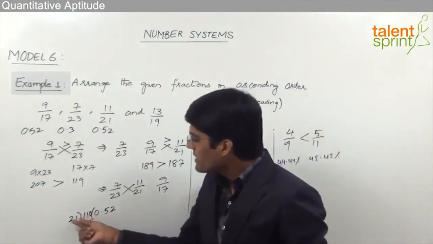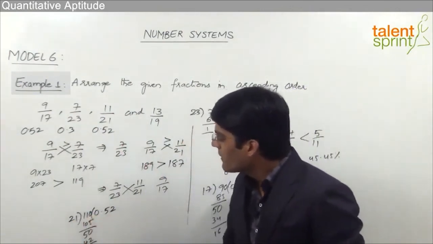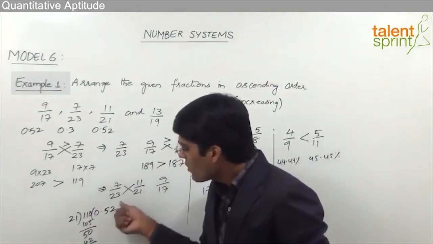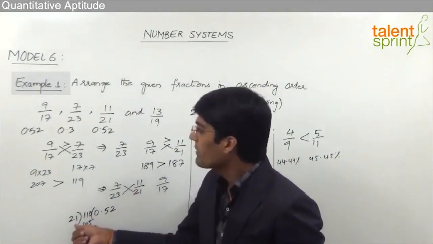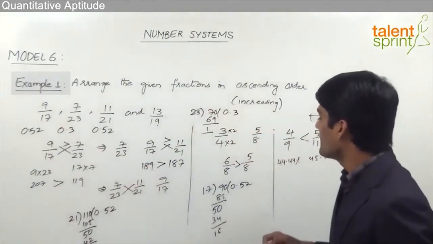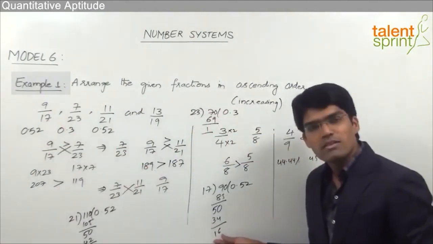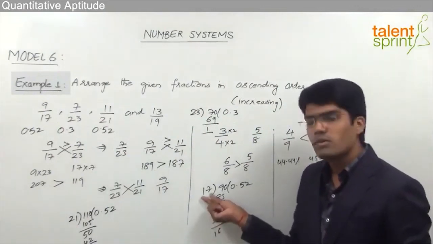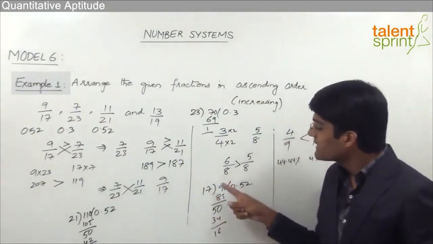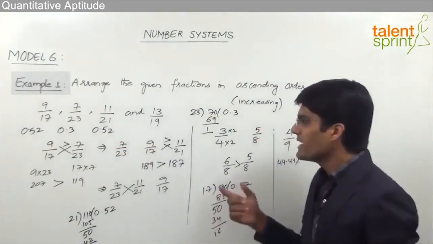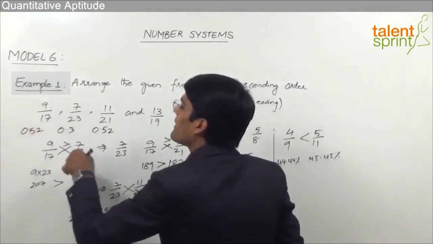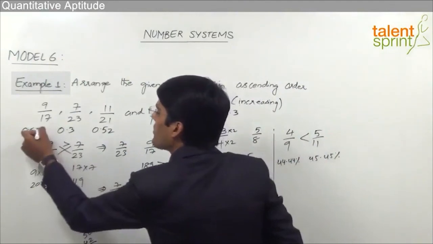So if we try to observe 11 when divided by 21, the remainder was 8. So if we go for the next step, we know that 8 is a very small part of 21. Whereas in case of 9 by 17, we found that the remainder was 16 and 16 is almost equal to 17. So definitely this is a larger value when compared to 11 by 21. So we can say that this is 0.52 or approximately 0.53.